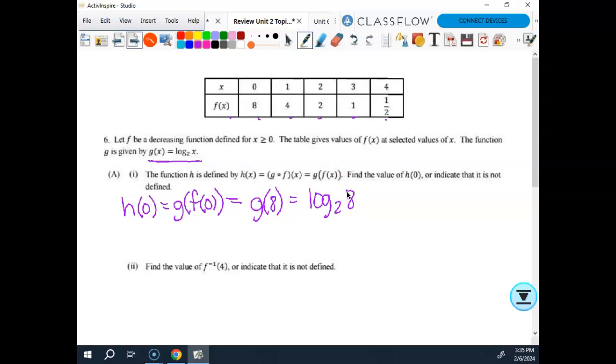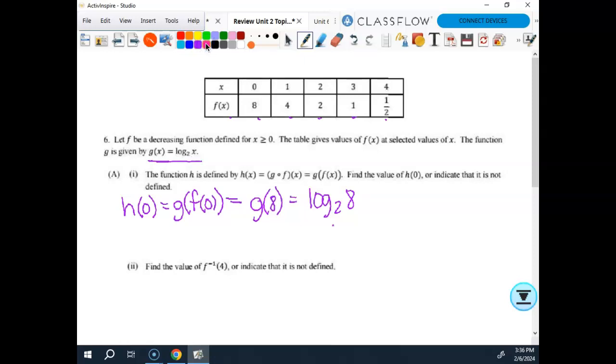Okay, but I can find the actual value that does not have a log in it. And some people asked me about what I had on the answer key because I used a z. I chose not to use x because x is being used all around here. But basically, I wanted to see, can I find an actual value for this? Like sometimes we can't and we have to use the calculator. But I'm going to see if I can. And maybe I shouldn't have put it all in one thing.